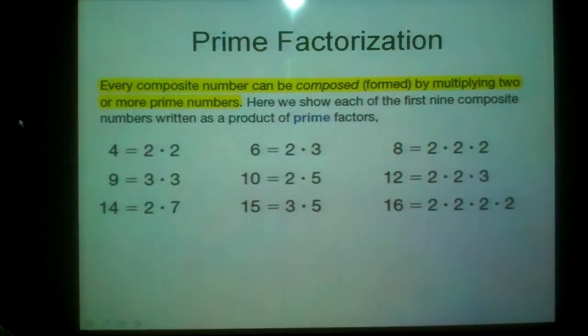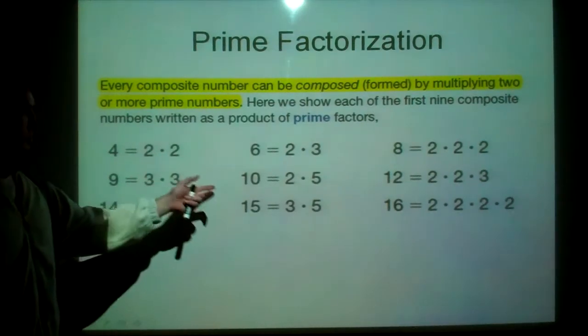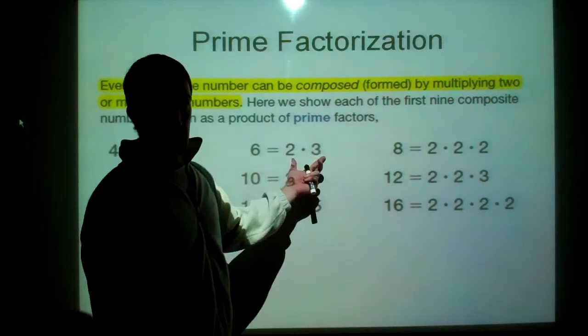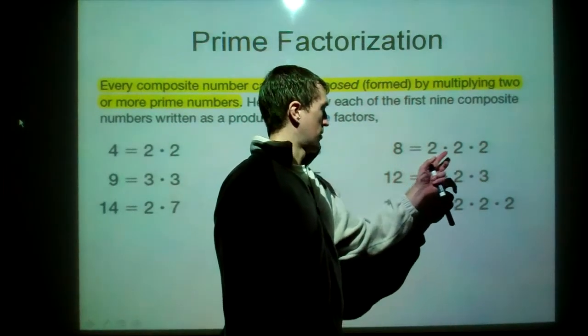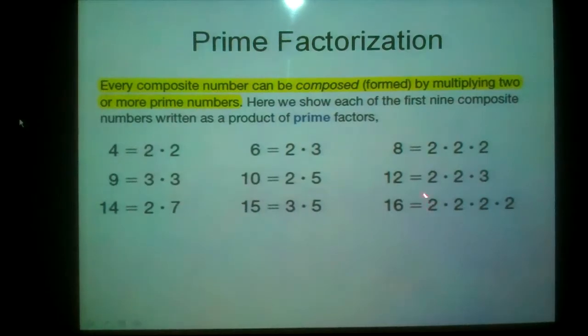We'll look at all these. 4 can be broken down into 2 times 2. These are both prime numbers. 6, 2 times 3. Those are both prime. 8, 2 times 2 times 2. All primes. So these are your first 9 composites written with their prime factorizations.